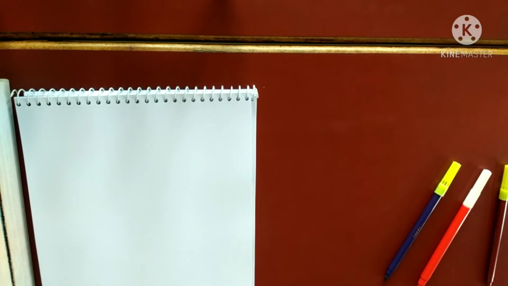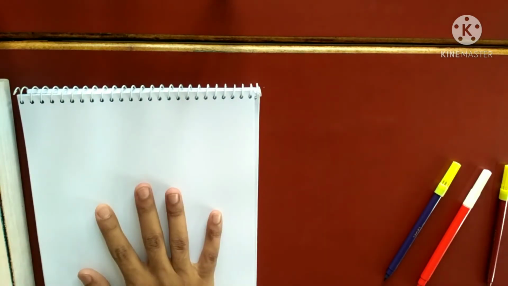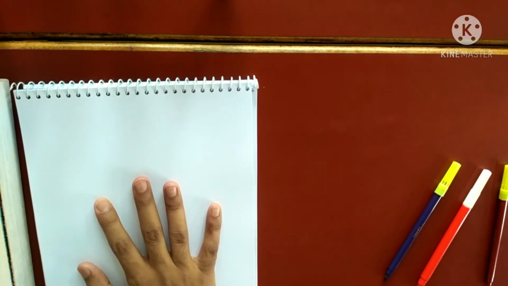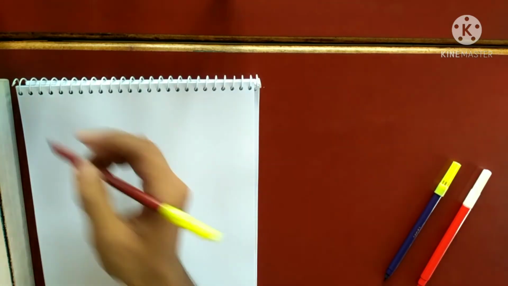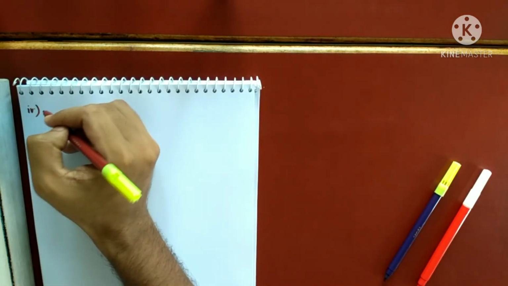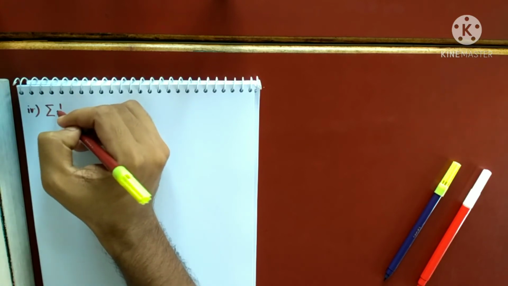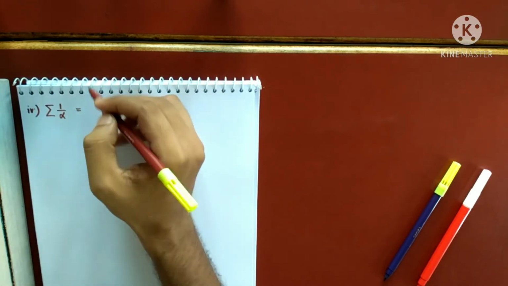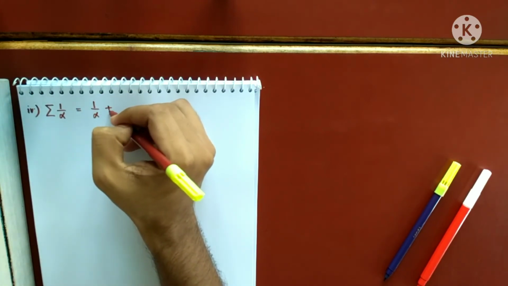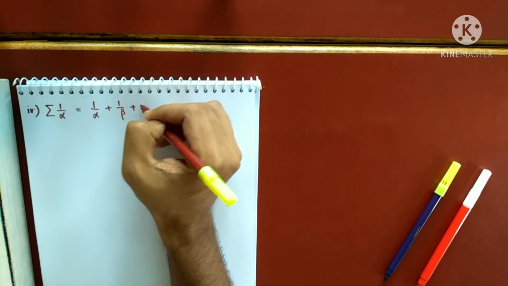So let us go to number 4. So here is number 4. Summation 1 by alpha. So this actually means 1 by alpha, 1 by beta, 1 by gamma.